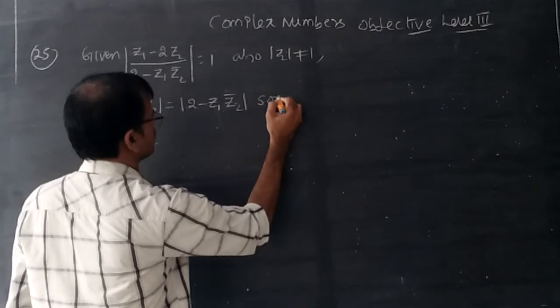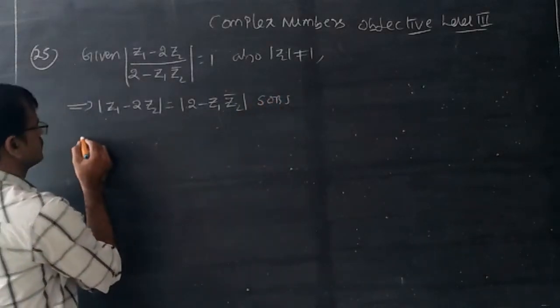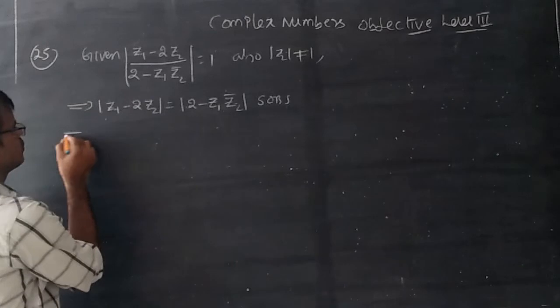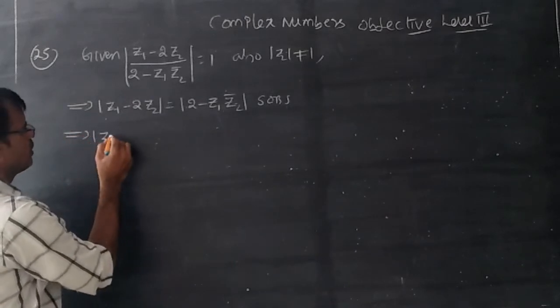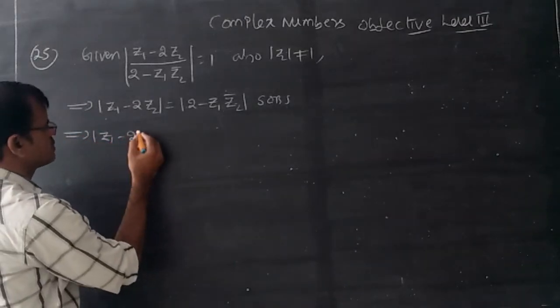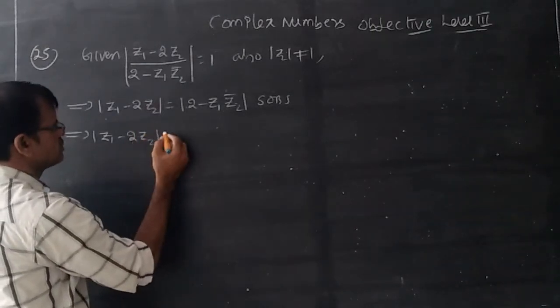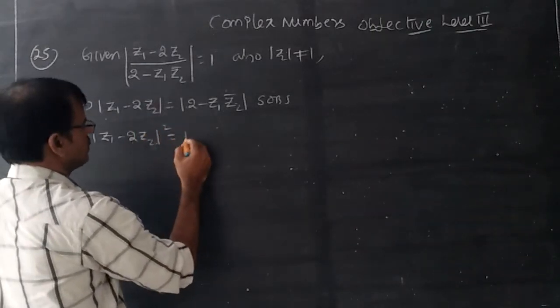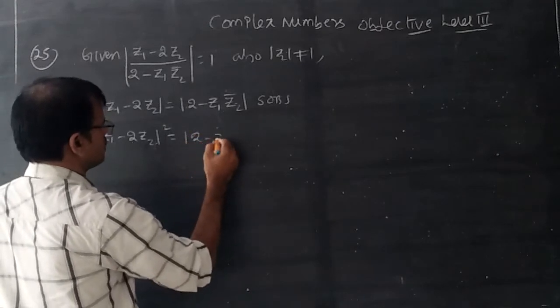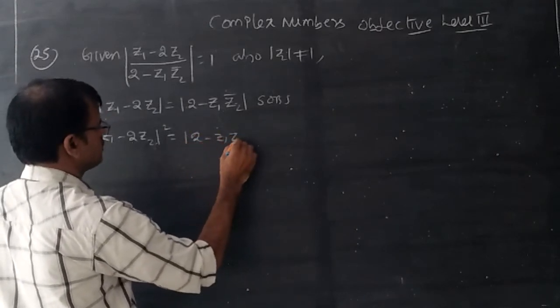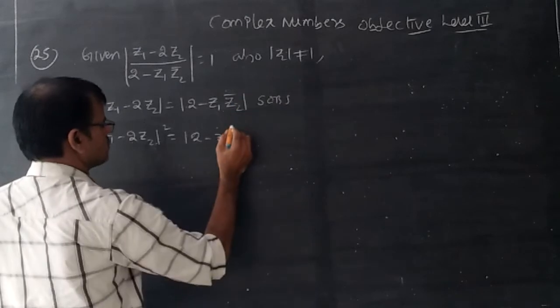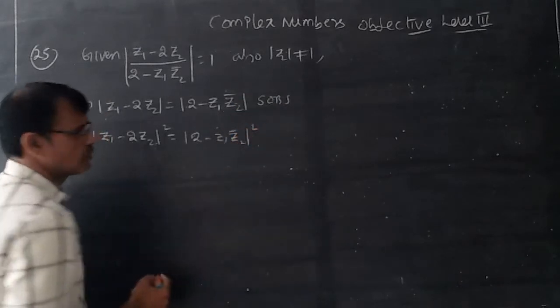Now squaring both sides. So modulus of Z1 minus 2Z2 whole square is equal to modulus of 2 minus Z1 Z2 bar whole square.